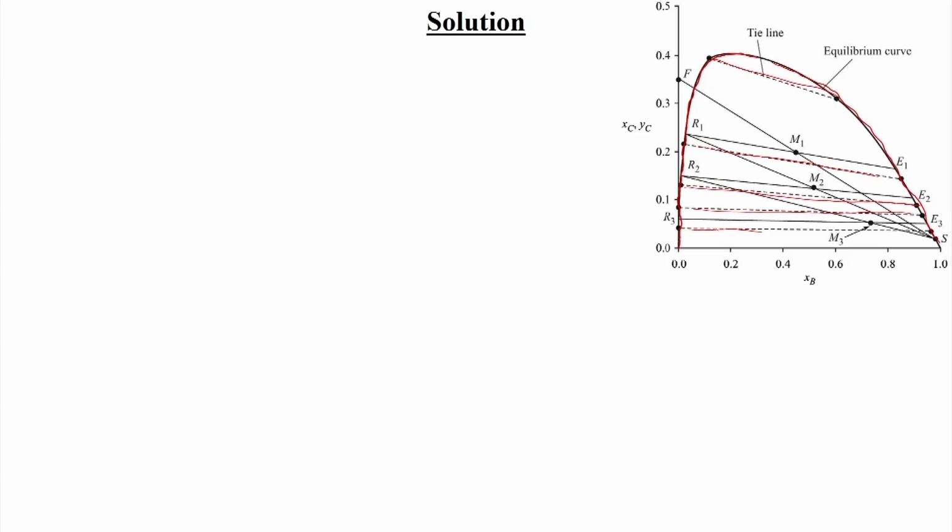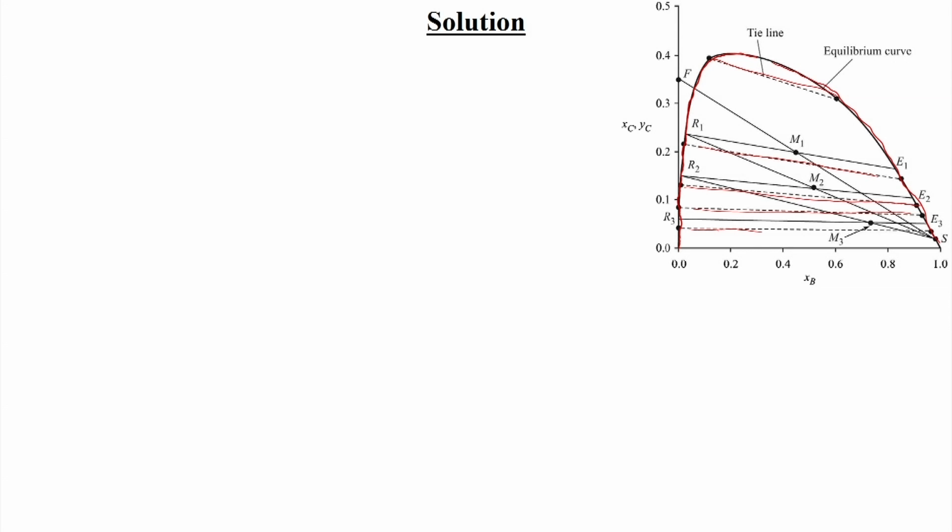The resultant amount of trimethylamine extracted, divided by how much trimethylamine was there in the feed, multiplied by 100, gives the percentage extraction of the solute. Okay.